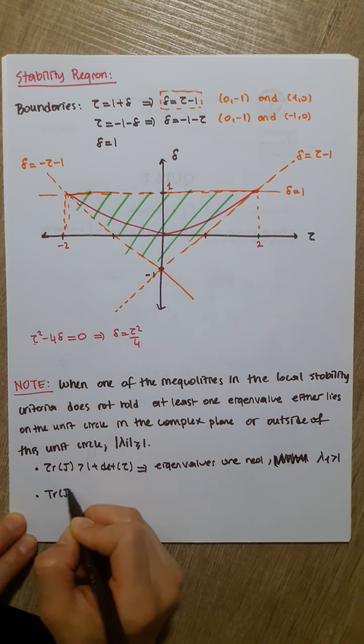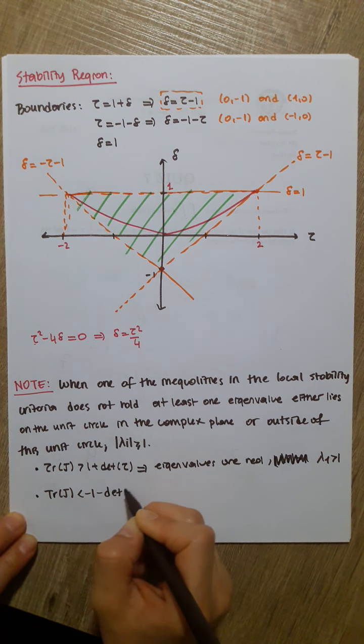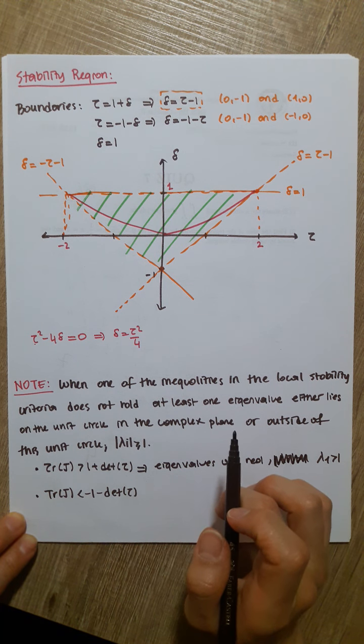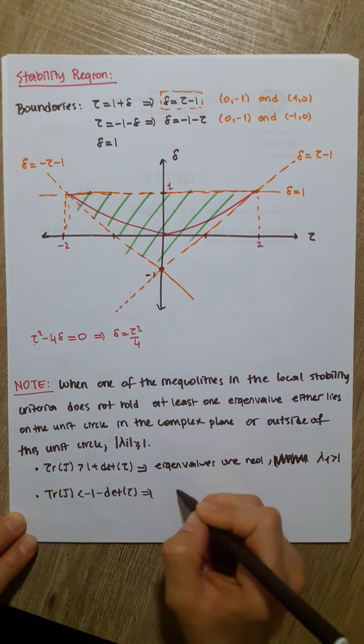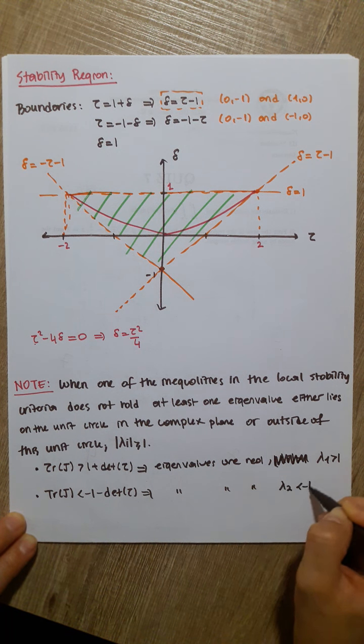If the trace is less than minus 1 minus the determinant, if it is here, then again eigenvalues are real, but lambda 2 is less than minus 1.